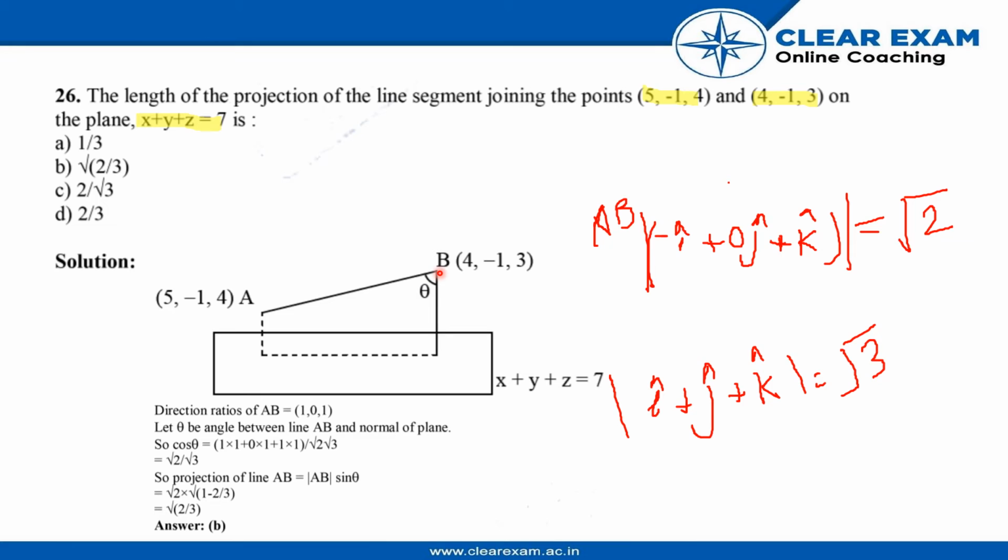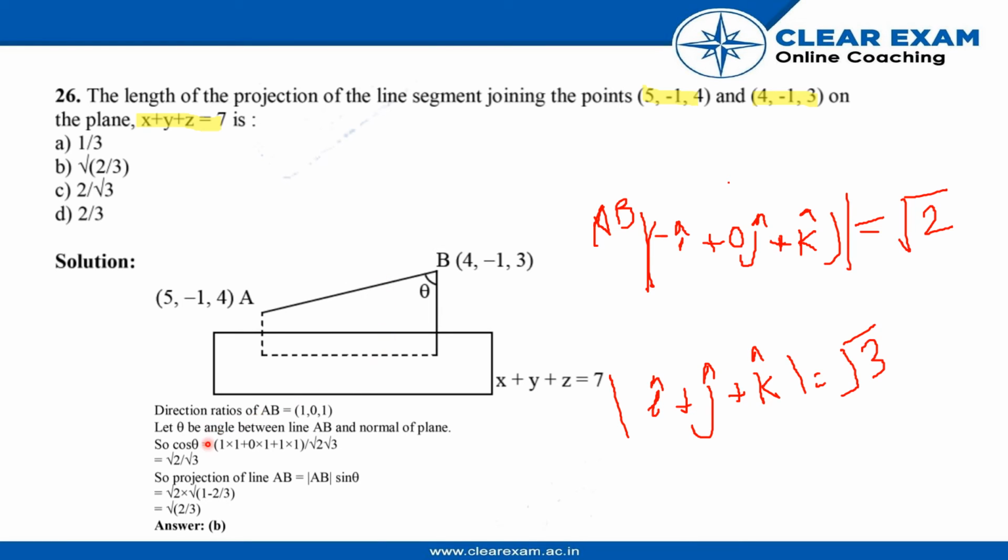It is theta, right? Now it is theta between the normal of the plane and the line segment, but we need to find the angle between the projection and the plane. So we need the angle between the line and the plane, that would be equal to 90 minus theta.